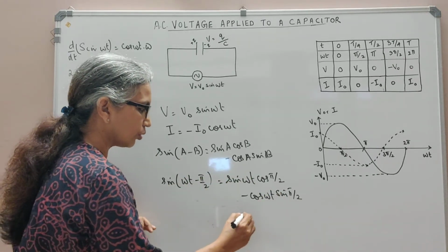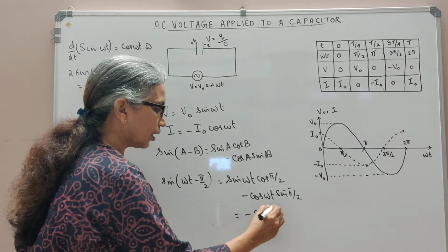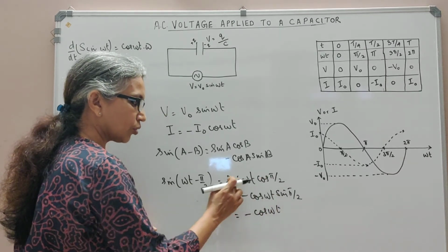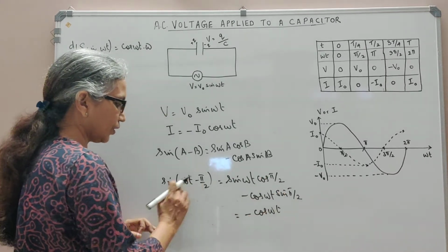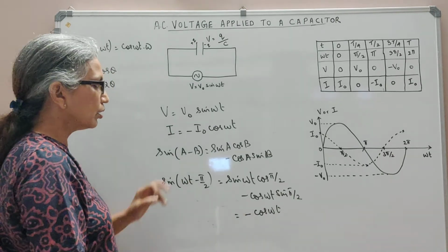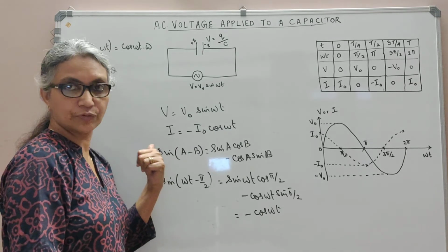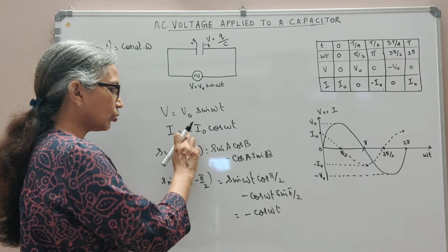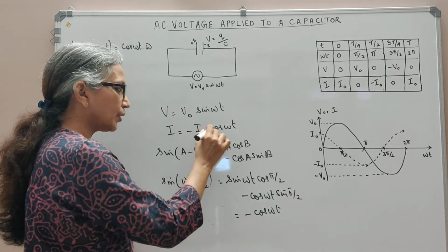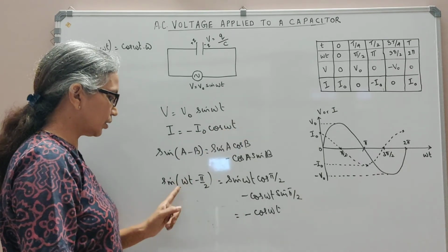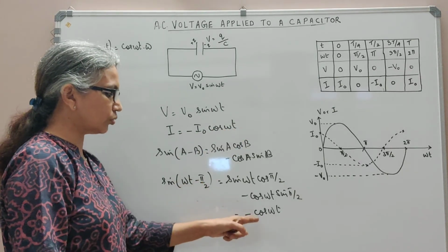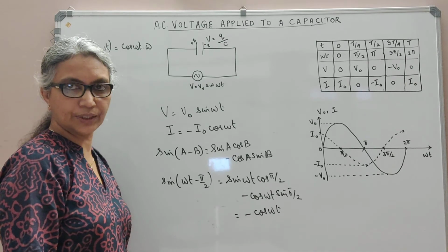So this will be equal to minus cos omega t because this reduces to 0 and this becomes 1. So in our function for current in the previous session for the inductor circuit, I asked you to replace minus cos omega t with sine omega t minus pi by 2 because that gives you minus cos omega t.